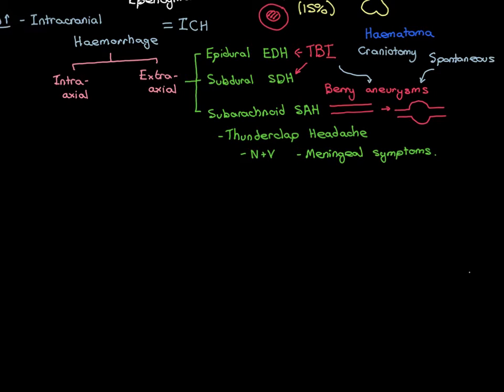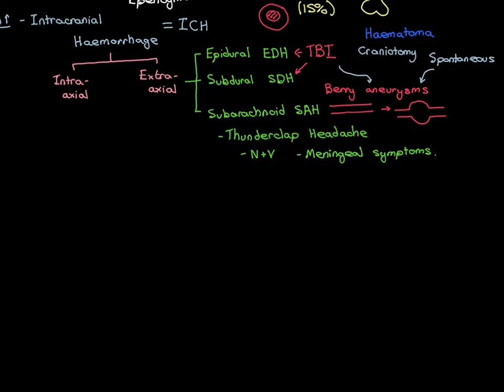That's normally what actually triggers a subarachnoid hemorrhage: you have pre-existing berry aneurysms, and one of them ruptures within the subarachnoid space following traumatic brain injury, or potentially just spontaneously. That will leak blood into the subarachnoid space, and that's going to cause the thunderclap headache, and then of course also raised intracranial pressure and the intracranial hypertension headache accompanying the thunderclap headache. But it will be contributing to the thunderclap headache.